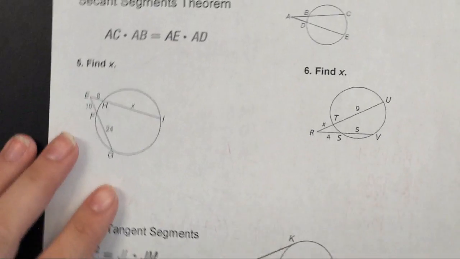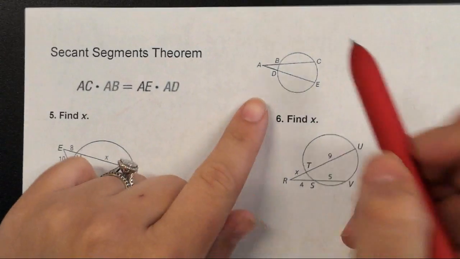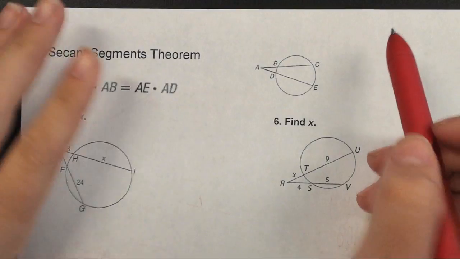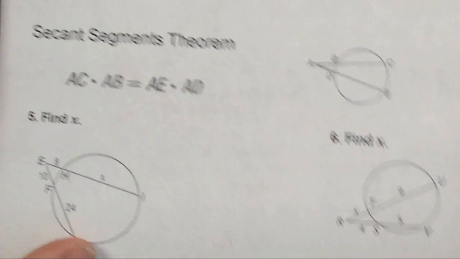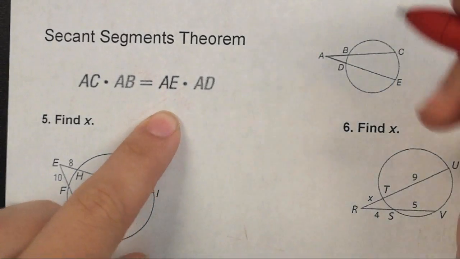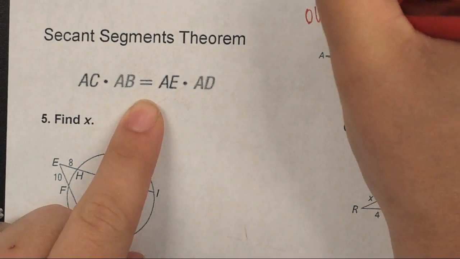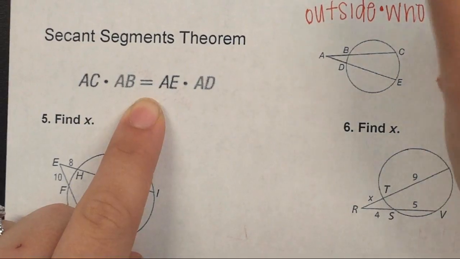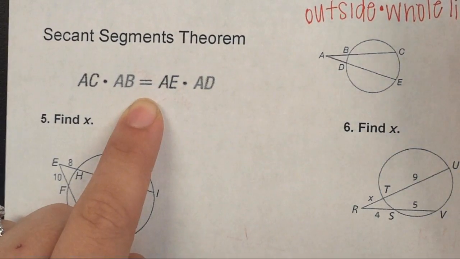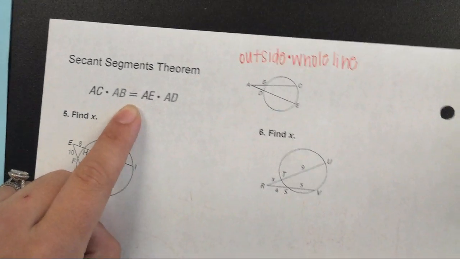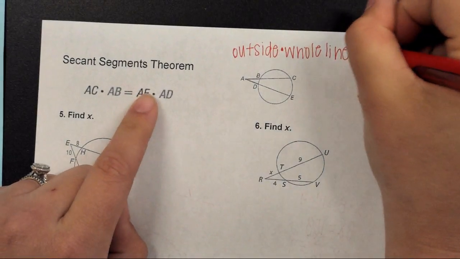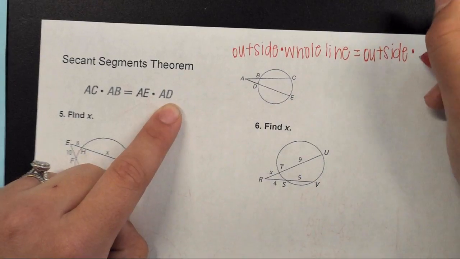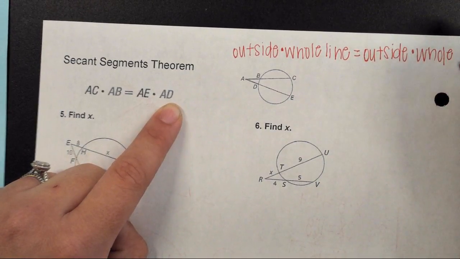Okay, so our next scenario is we have 2 secants, right? Okay, so this gets a tad bit more confusing, but not terribly. So what happens here is you're going to multiply the outside times the whole line. You're going to do the outside times the whole line equals the other outside times the other whole line.